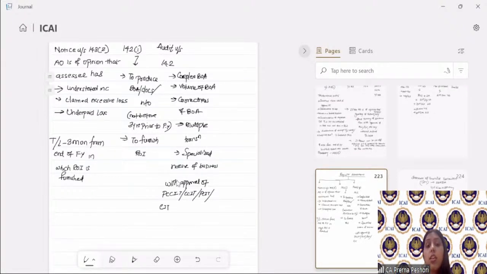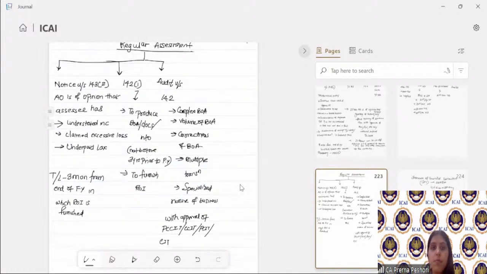So considering the nature and complexity of accounts, specialized nature, volume of accounts, correctness of the account, doubts on that, or multiple transactions, he can direct the assessee to get his accounts audited by a CA.